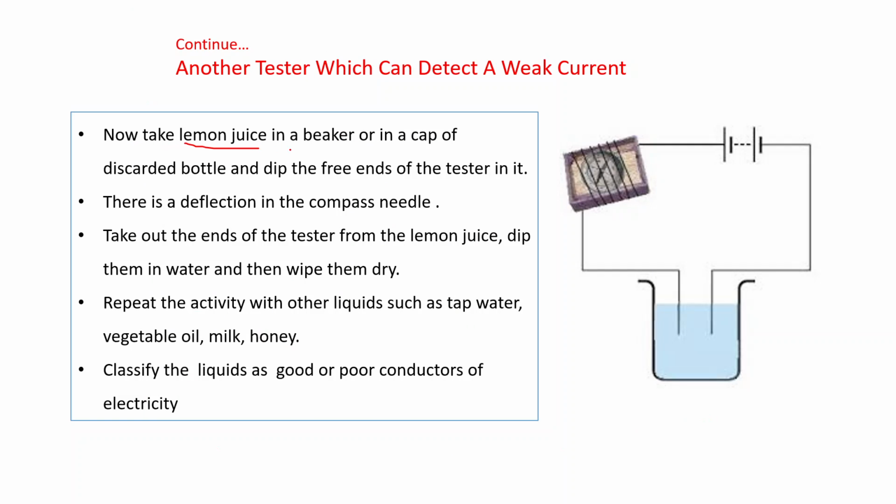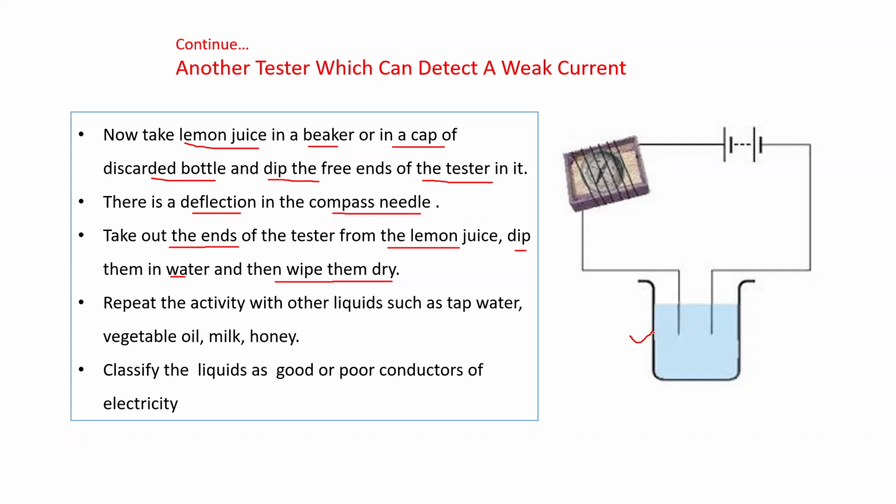Now take lemon juice in a beaker or in a cap of a discarded bottle and dip the free ends of the tester in it. There is a deflection in the compass needle. Take out the ends of the tester from the lemon juice. Dip them in water and then wipe them dry. First of all, we have tested the lemon juice.